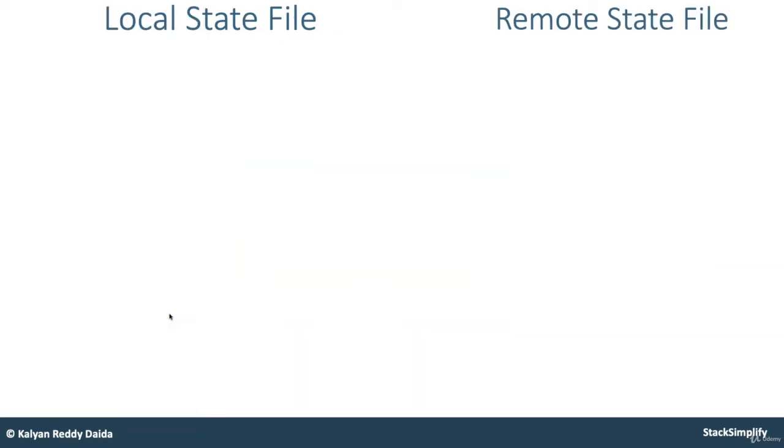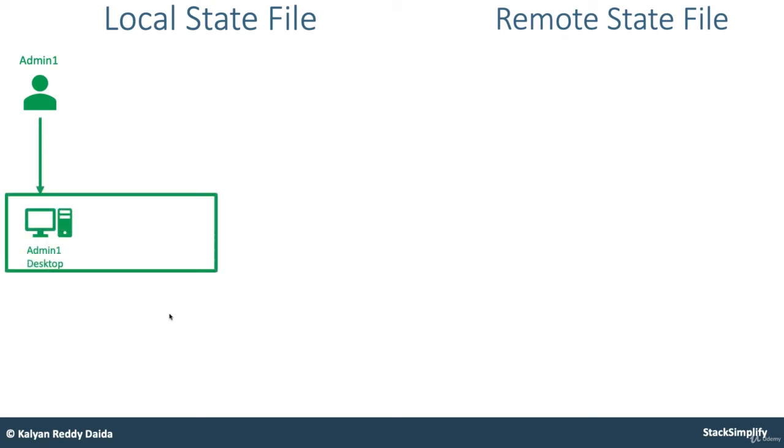Let's move on. Let's understand what the problem is with the local state file and how we are going to resolve it with a remote state file. Let's start with an admin, you can call him admin1, and he has his own admin desktop.